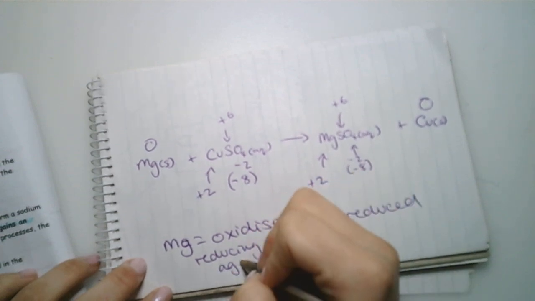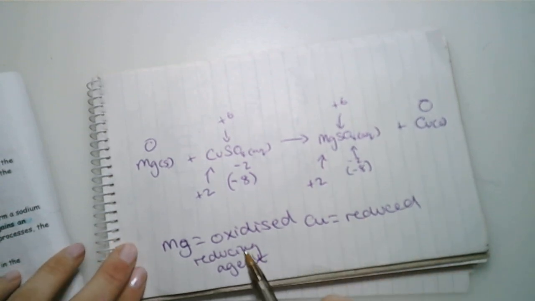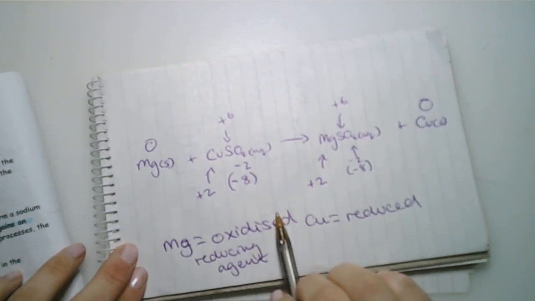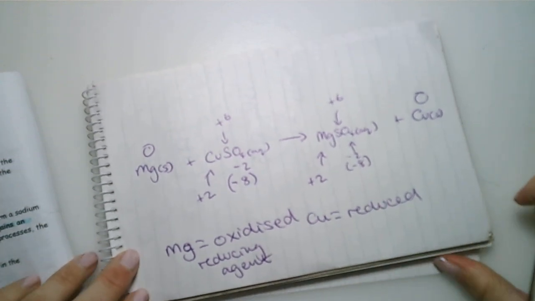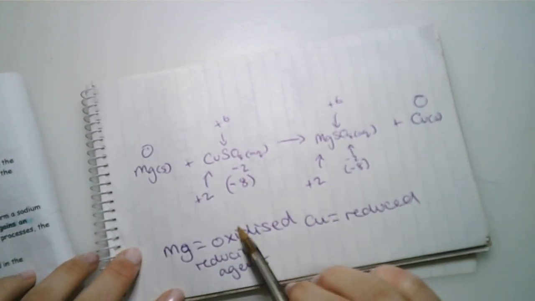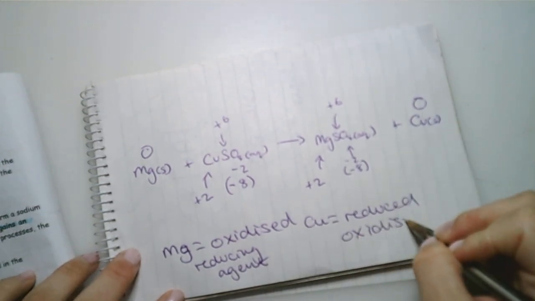And if an element is oxidized in a redox reaction, then that means it is the reducing agent, because it has reduced the other element in the reaction, as it itself has been oxidized. So if an element is reduced, then it oxidizes the other element, so it's the oxidizing agent.